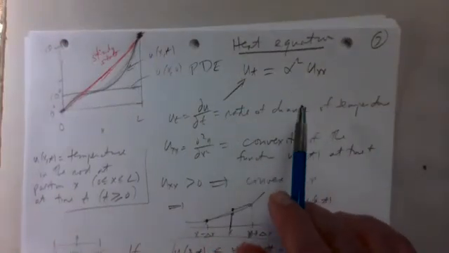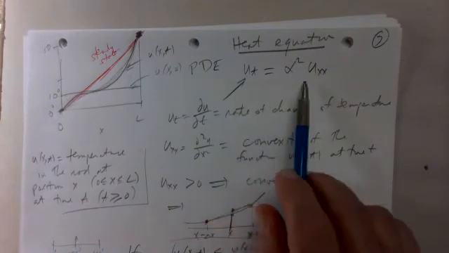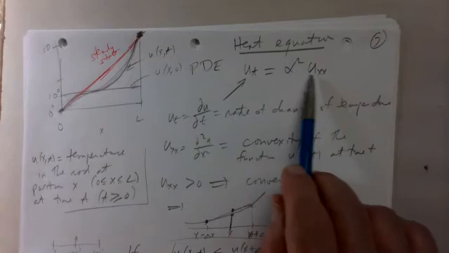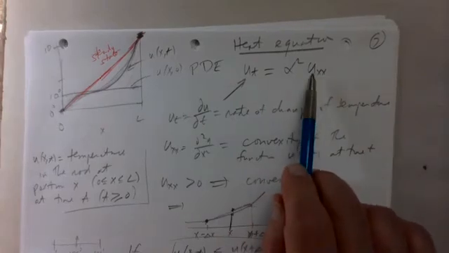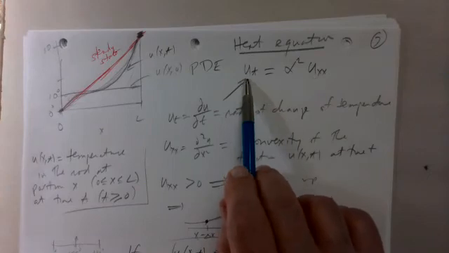That is exactly what the heat equation says. The heat equation says it in a much more precise and strong fashion. It says that this is a positive number. So if the curve is convex up, this is positive. That means the rate of change of u is positive.